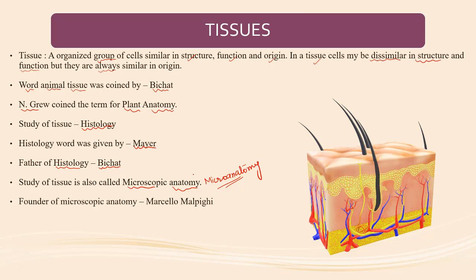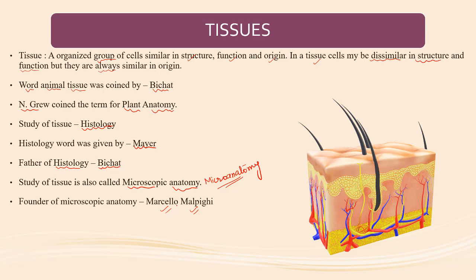Understood? Father of microscopic anatomy, Marcello Malpighi. With the help of the microscope, he learned about the different projections of the tissues and different cells. He was the founder of microscopic anatomy.